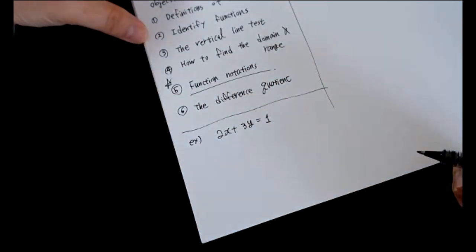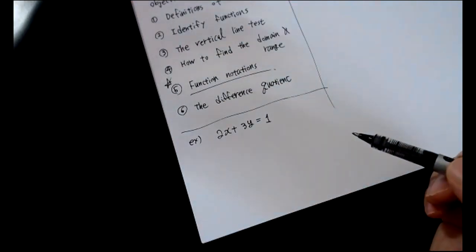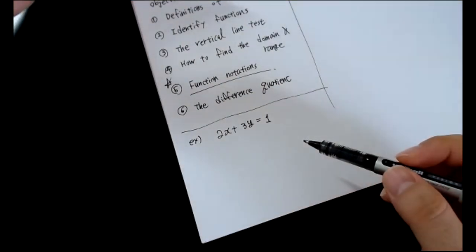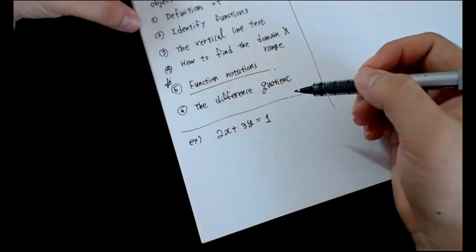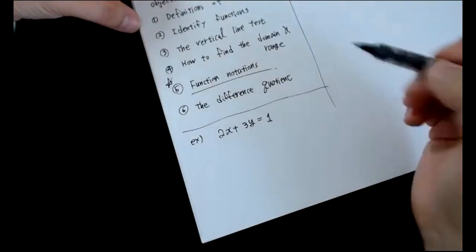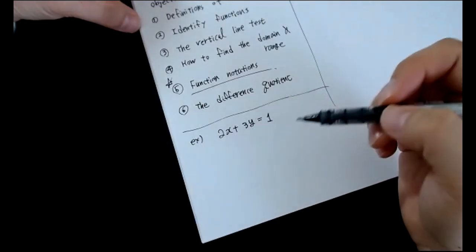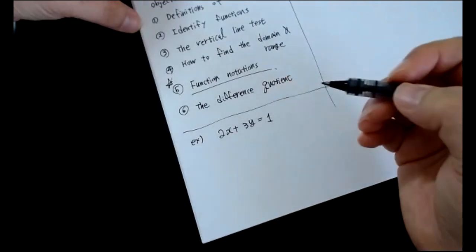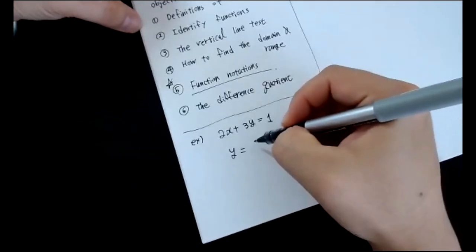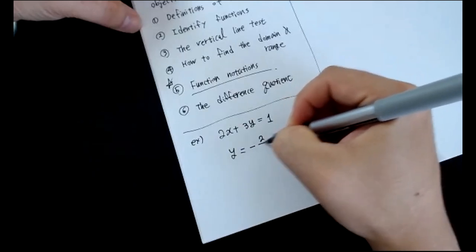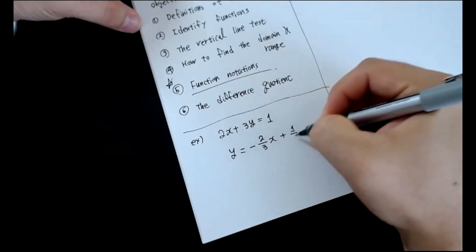We know this is a linear function because it has the standard form of a linear function. Let me isolate y to figure out the slope. Converting this to slope-intercept form, I'm going to isolate y. Then we get y is equal to negative 2 over 3 x plus 1/3.